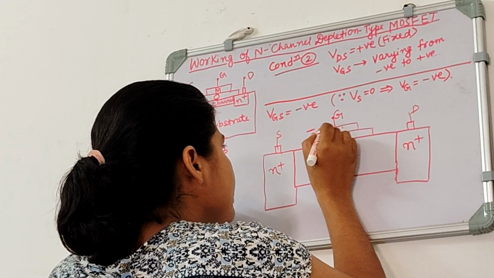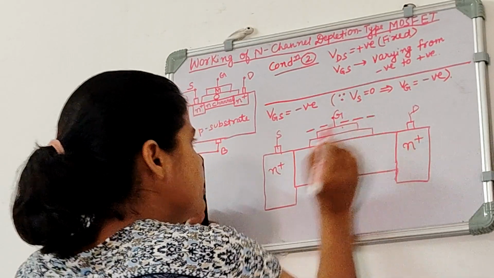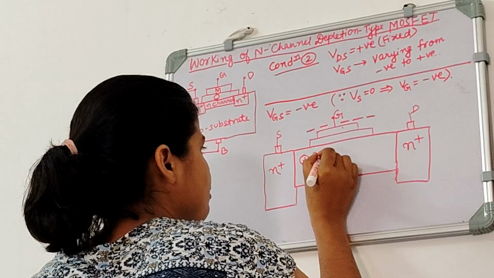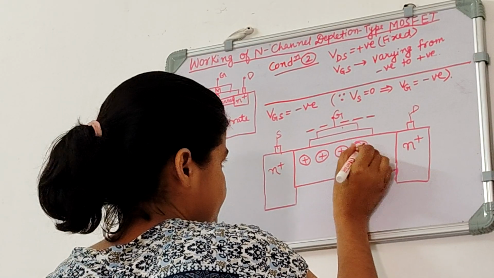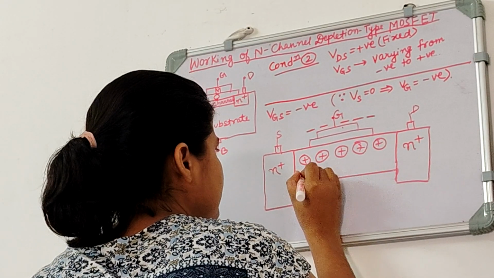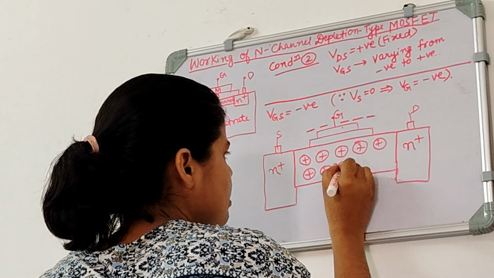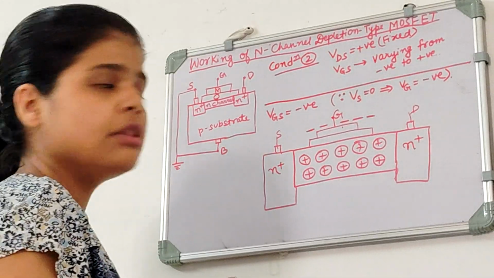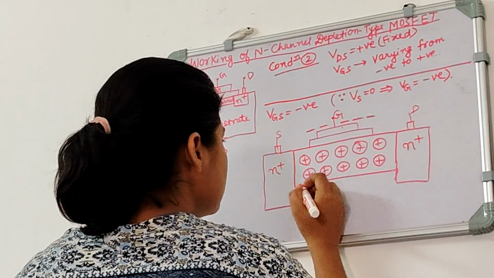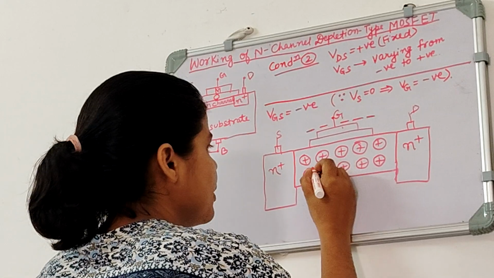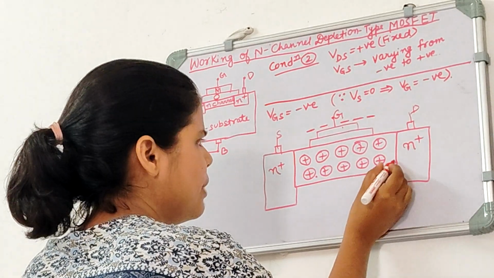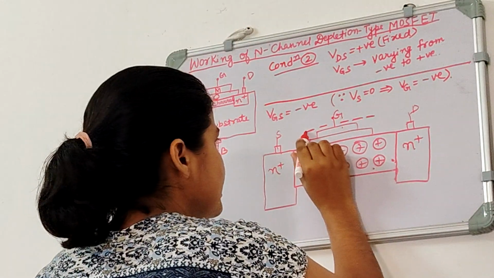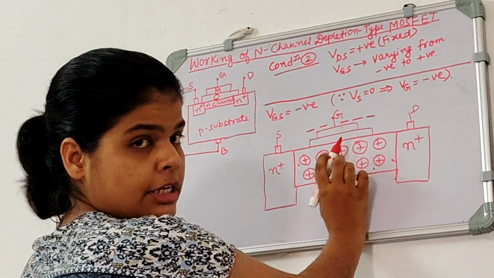So here we have negative voltage because our VG is negative, and we will have here positive ions with very few electrons, because most of the electrons have recombined with those holes of the p substrate. Some electrons might be there, but it is not necessary.